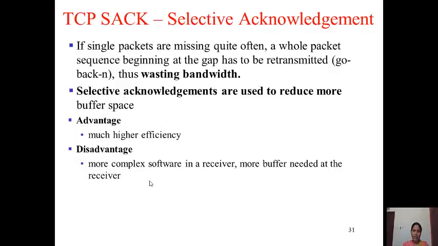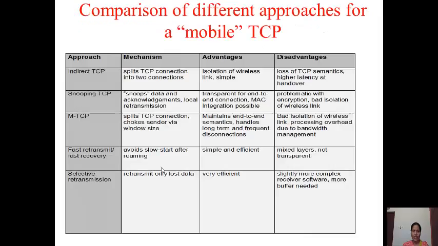But the only drawback is that we need more complex software in order to notice which packet is being retransmitted and only acknowledge the selected packet. Right? And again, more buffer is needed at times to buffer them, because we acknowledge the packets that have been selectively sent. Right? So this is about TCP's selective acknowledgement.